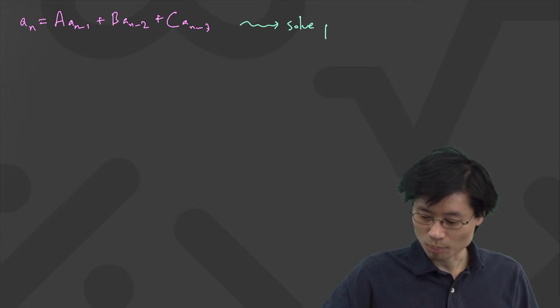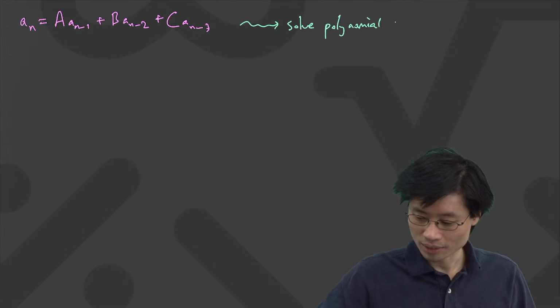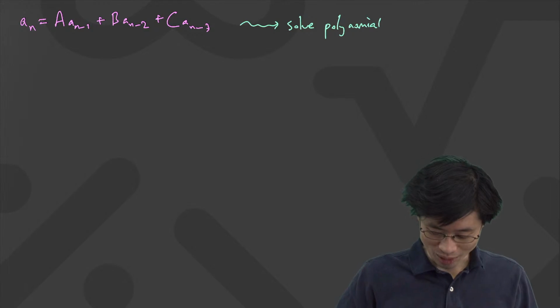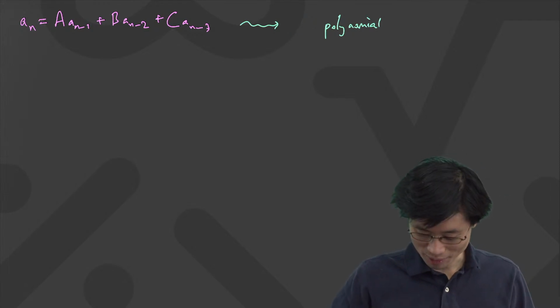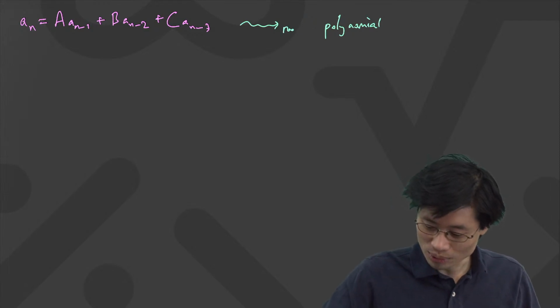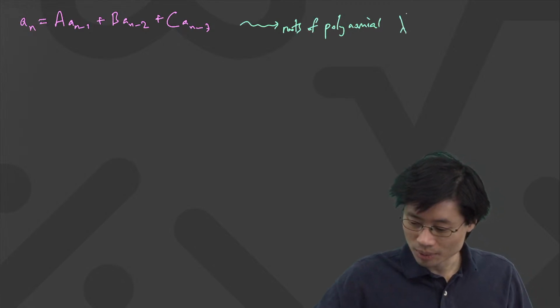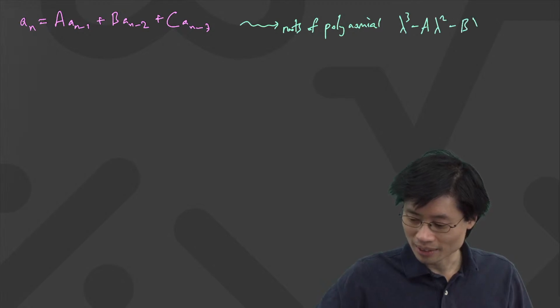Solve the polynomial equation. Well, I'll just call it roots of polynomial, because I want to have enough space to write some stuff. So roots of the polynomial, lambda cubed minus a lambda squared minus b lambda minus c.